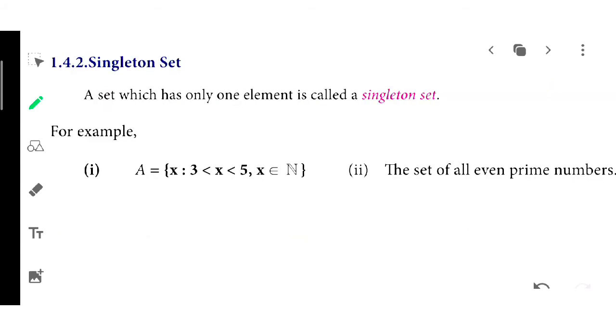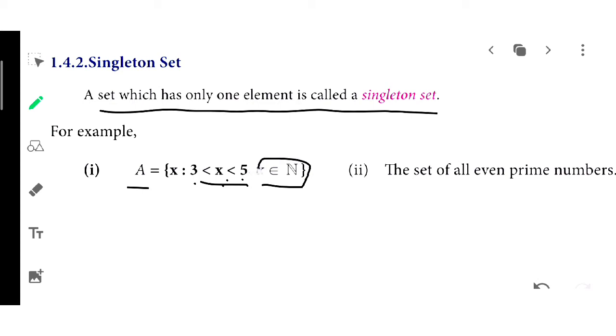Okay. The singleton set. The set which has only one element is called a singleton set. For example, the set A here has x which is greater than 3 and less than 5, with x a natural number. We have to note that x is a natural number. It is not a decimal number. It won't be a rational number.